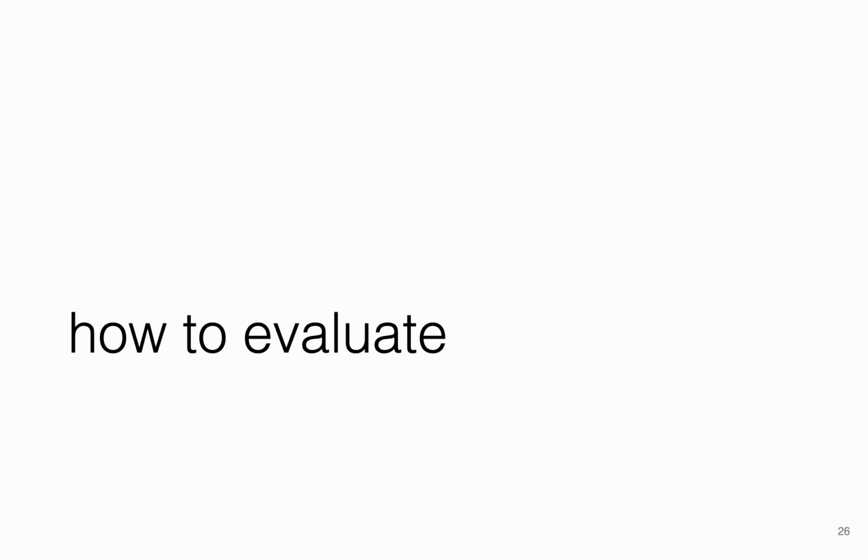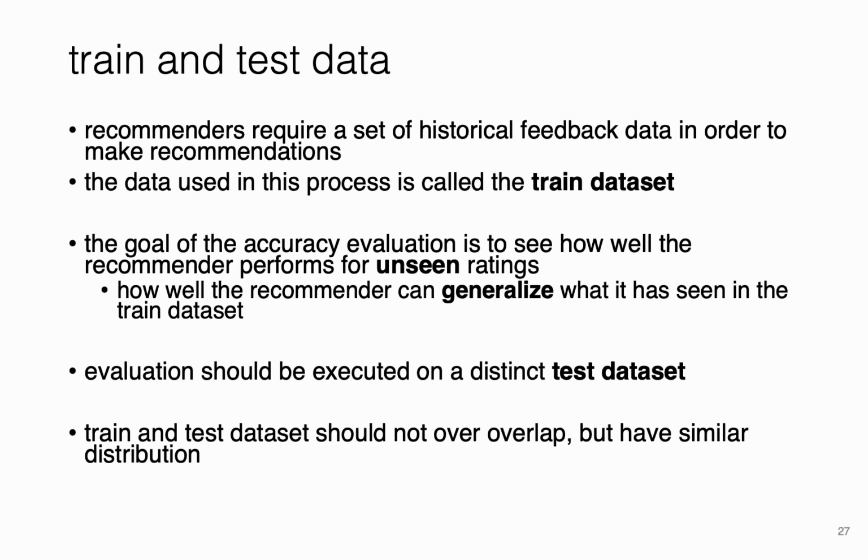So we have now seen various accuracy measures. Let us now discuss how to apply them to evaluate a recommender. We have seen that recommenders rely on some historical feedback data in order to make recommendations. For example, we saw that memory-based collaborative filtering computes user-to-user or item-to-item similarities based on this historical data.